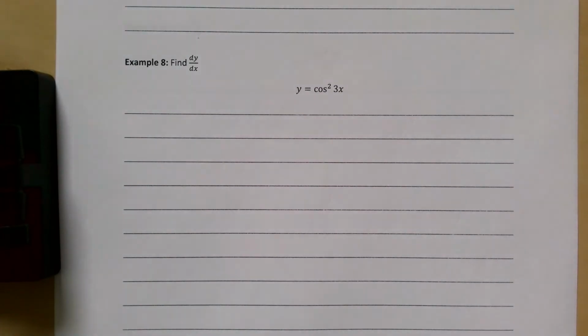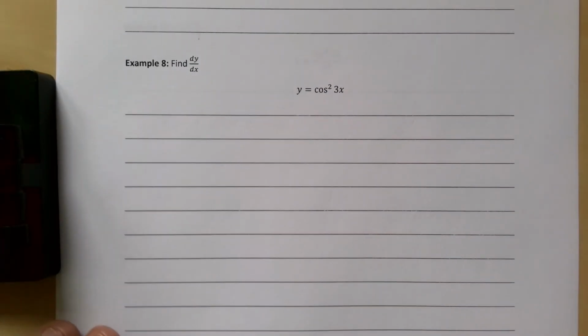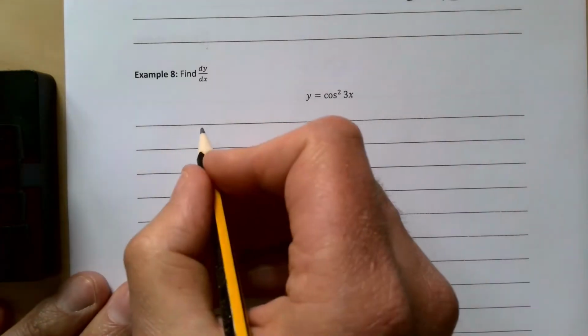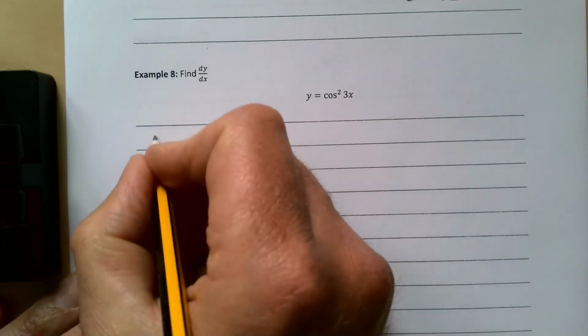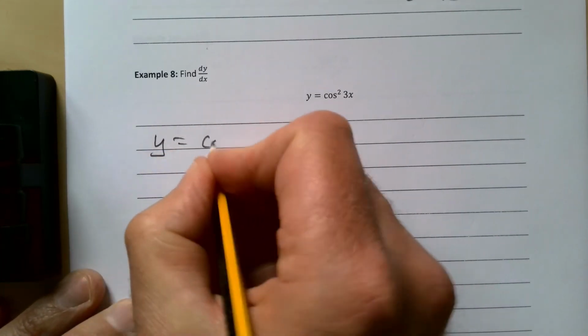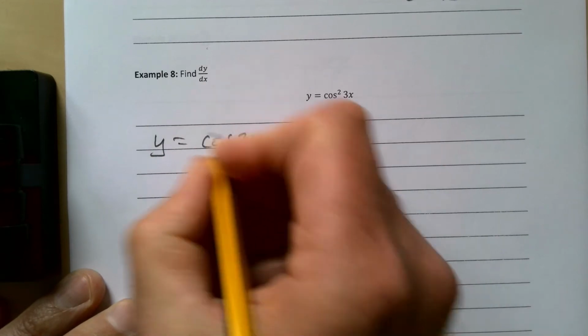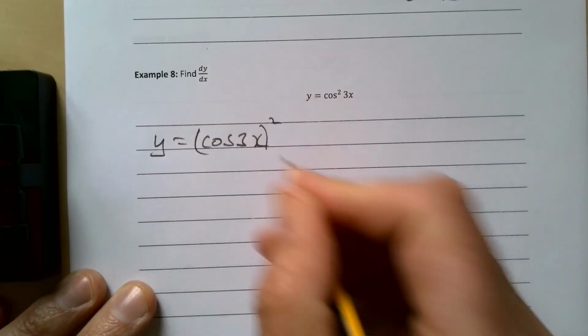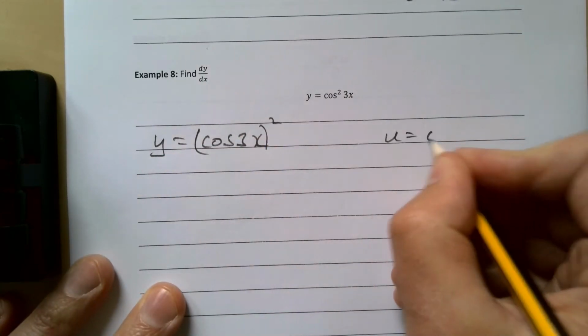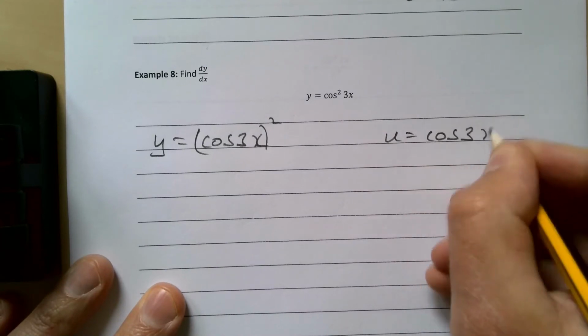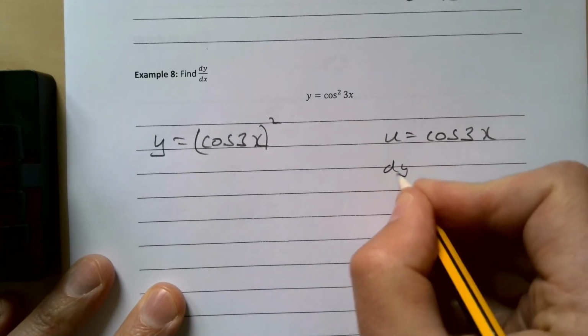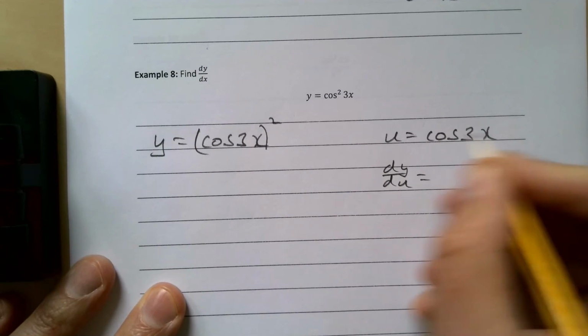Next example, starting to get slightly messy here, but we should be okay. What will I do? I'll go for y equals cos 3x all squared. I'm going to let u equal cos 3x. We've done this one recently.